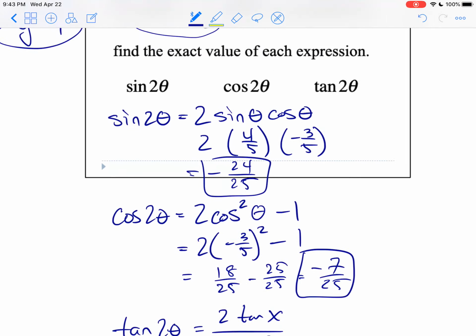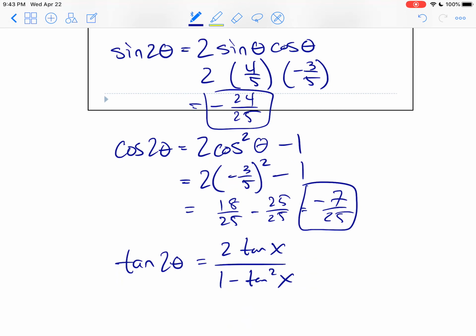So tangent is just y over x, so that's -4/3. So that's going to be 2 times -4/3 over 1 minus -4/3 squared.